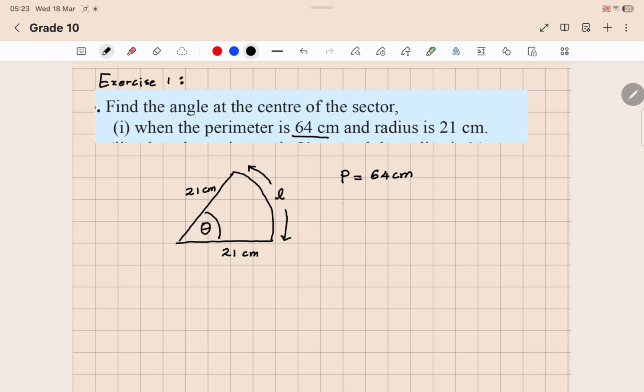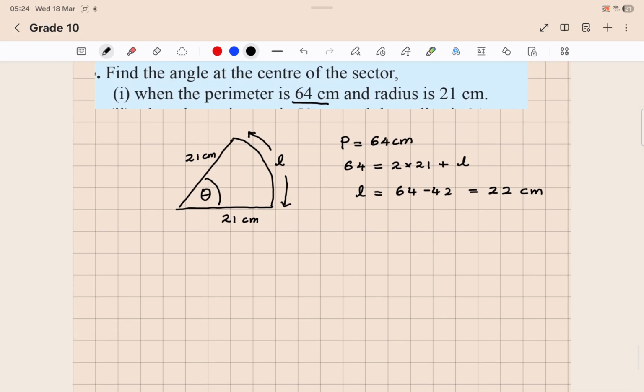And perimeter is equal to what? 64 is equal to 2R plus L, right? 2 times 21 plus L. So now we can find the arc length first. L is 64 minus 42. So 22 centimeters is the arc length, right? Once we have the arc length, we can figure out the angle at the center using the arc length formula.